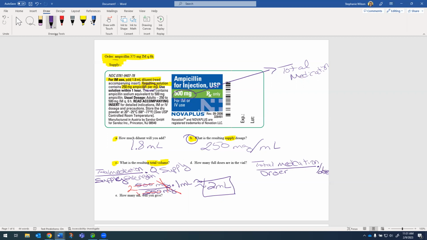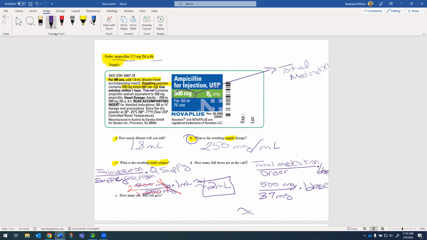Because you agree, the order states 375 milligrams per dose. They're going to do it every 6 hours, but per dose, right? So now I'm going to take the 500 milligrams from my total medication, divide it by 375 milligrams from my order times 1 dose.